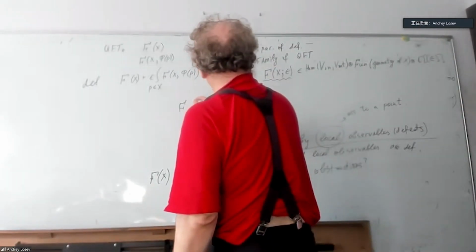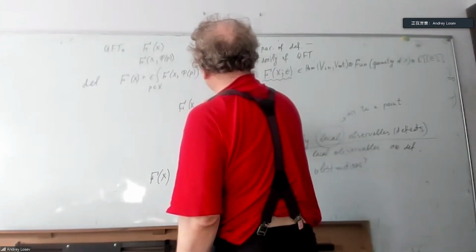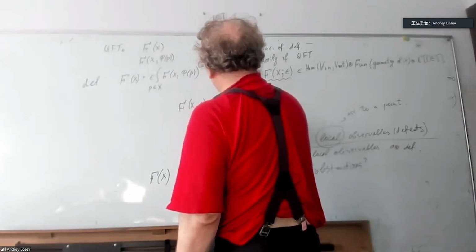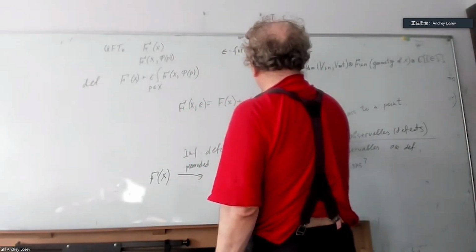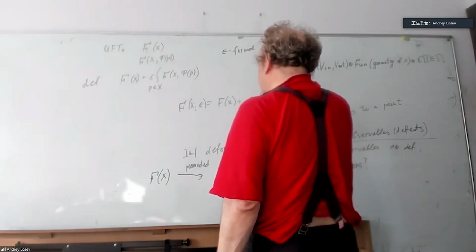I want to take F of x epsilon to be F of x plus epsilon integral, and here I take p.